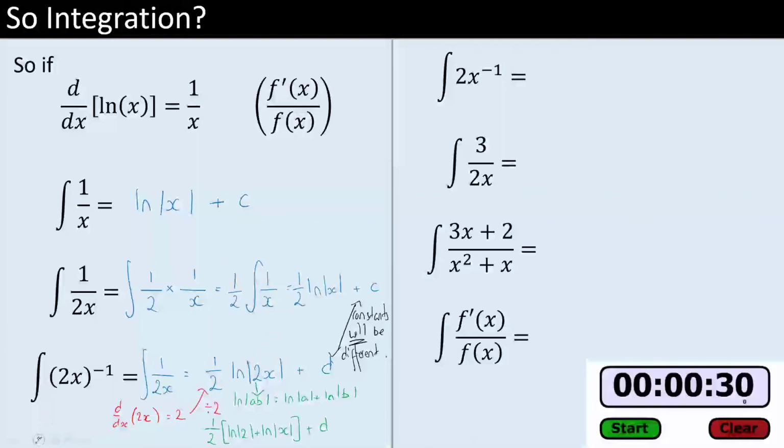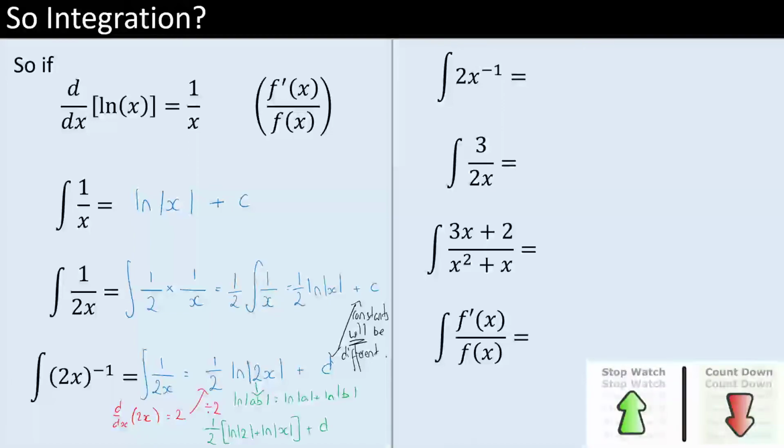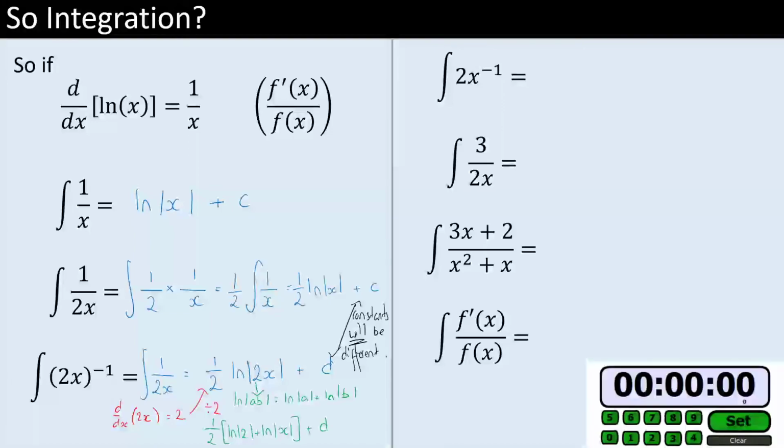Now, what I would like to happen from here, let's go back to blue, is that I would like you to take just a minute while I have a drink, because I've been talking for nearly 35 minutes straight, which is a long time.